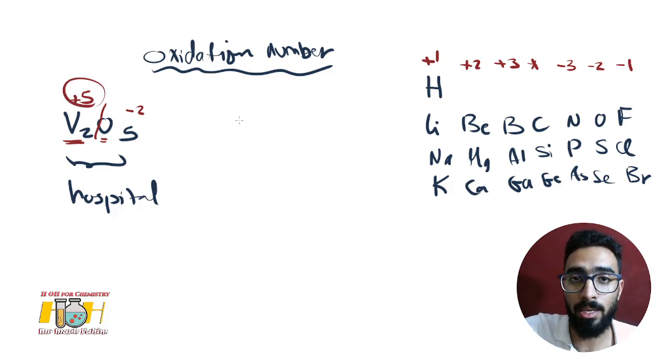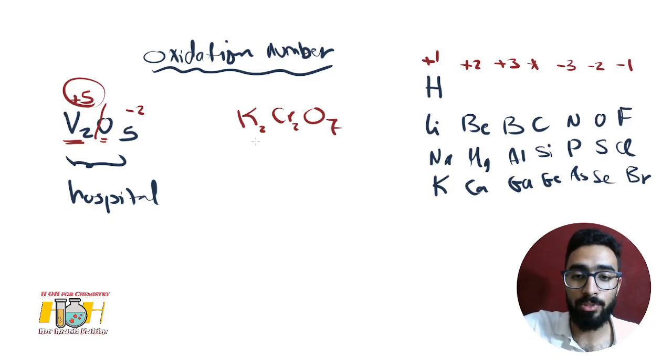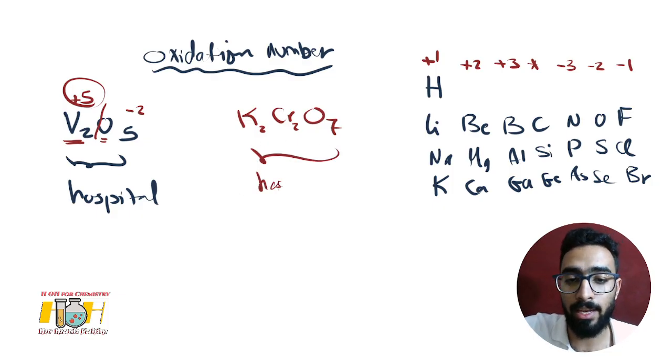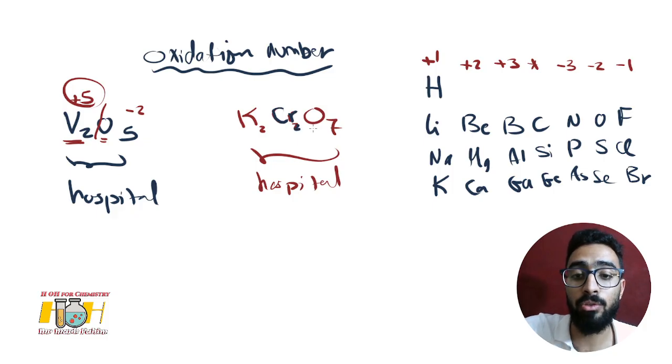Now, let me write another example like this: potassium dichromate. You have to treat this as a hospital, as we discussed. Chromium is the transition element whose oxidation number you want to calculate. But you know the oxygen.